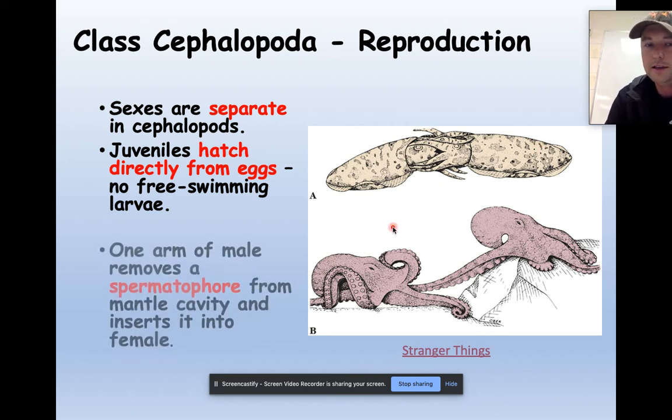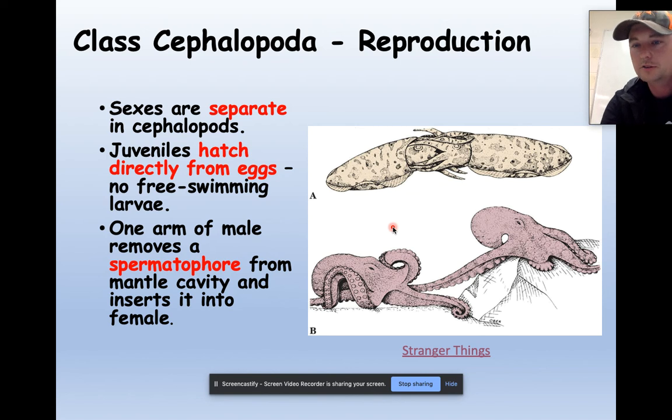The males are oftentimes smaller, and in some species the males are much smaller than the females. When I click on the Stranger Things link here in a second, you'll see that. But very stereotypically of animal life, the female is much larger. Mammals are a little weird where the males are larger, but in most of animal life, females are larger.